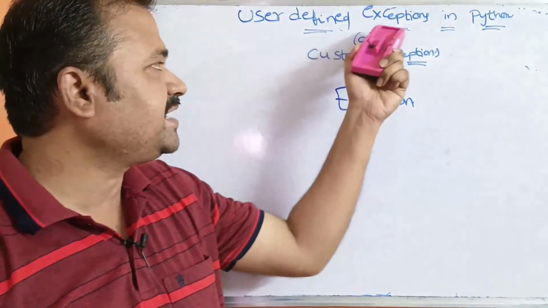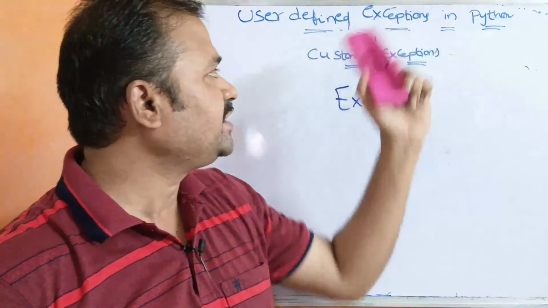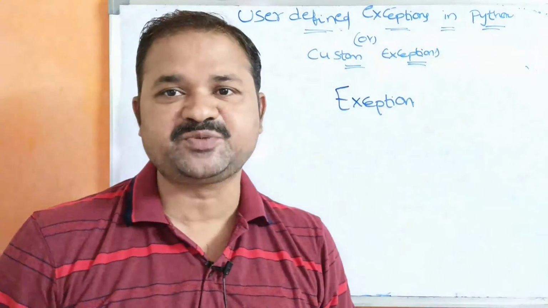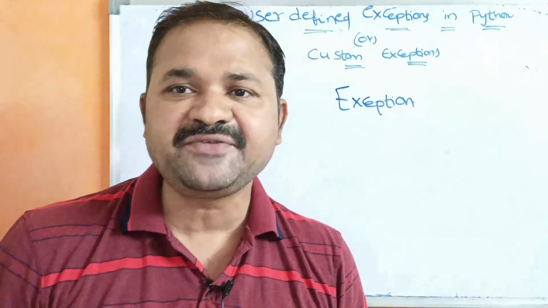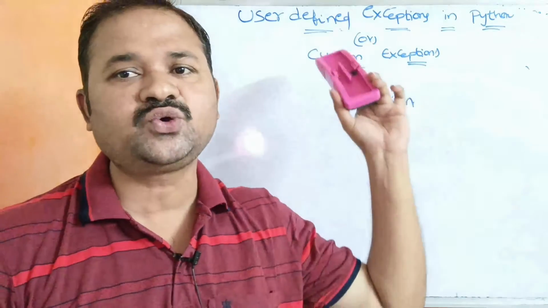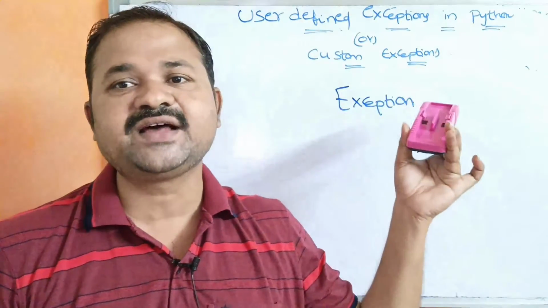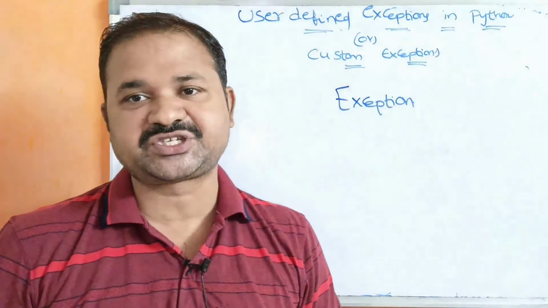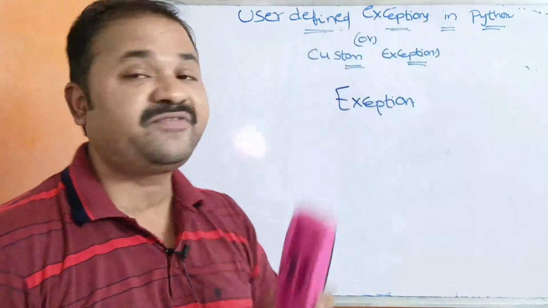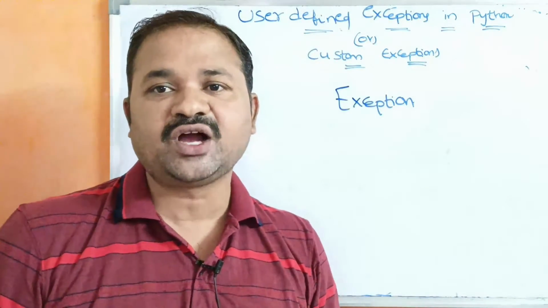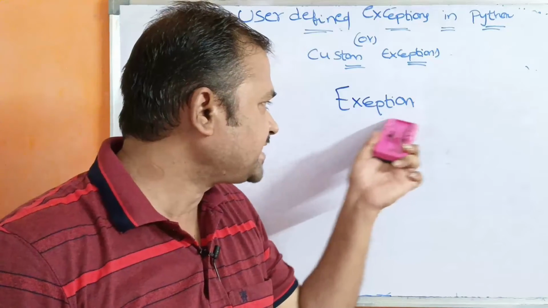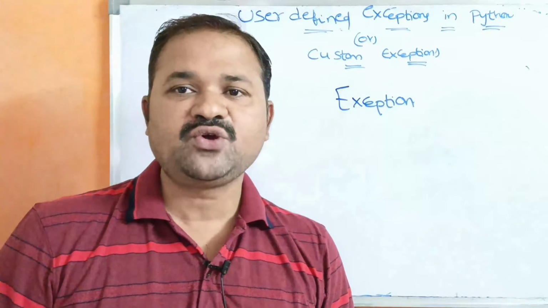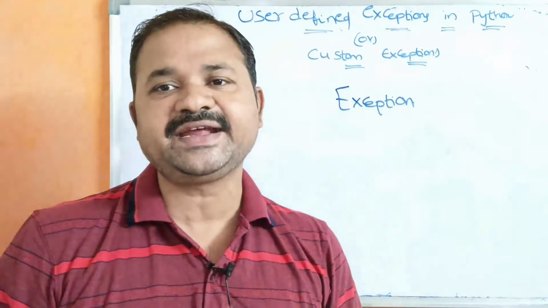So here our target is to create a user-defined exception. A user-defined exception is also a class, just like the built-in exceptions. So the user-defined exception class should also be derived from the base class Exception. We know how to create inheritance.